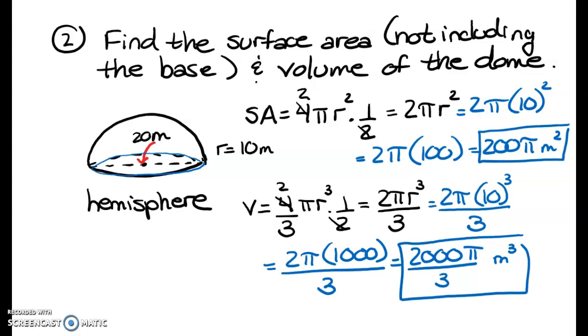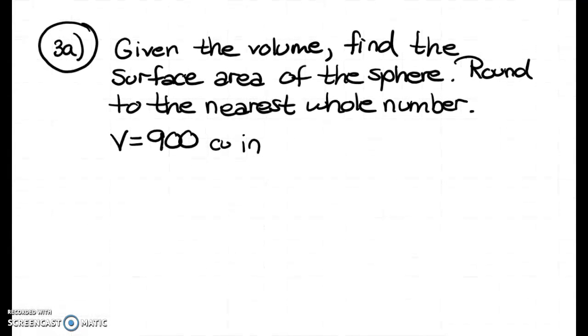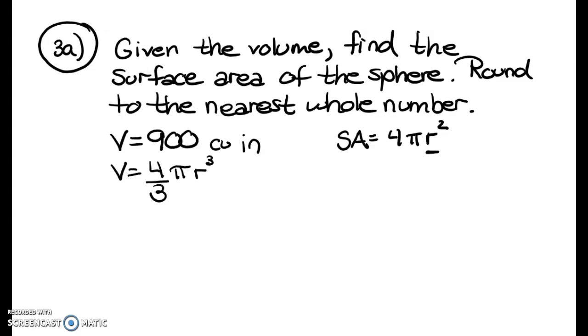All right, for my next two problems, you are going to have to break out a calculator. It says, given the volume, find the surface area of the sphere, round to the nearest whole number. Okay, so I know that my surface area formula is 4 pi r squared, and I need a radius. So I am going to have to solve for my radius in my volume formula. Okay, so I'm just going to fill in what I know for volume.